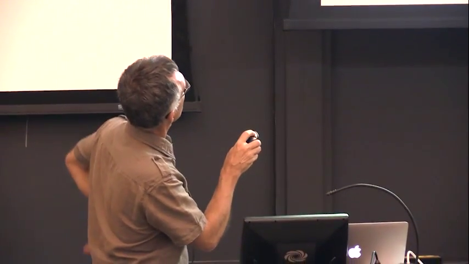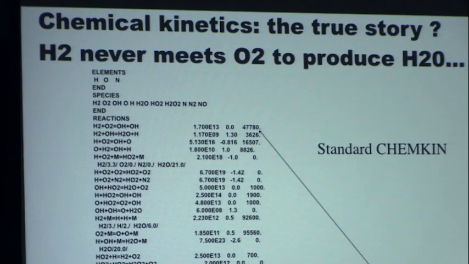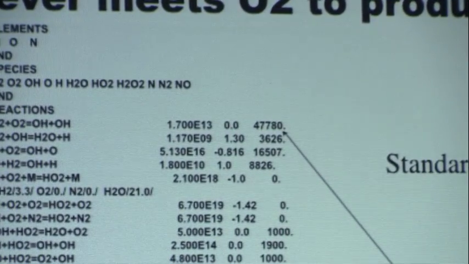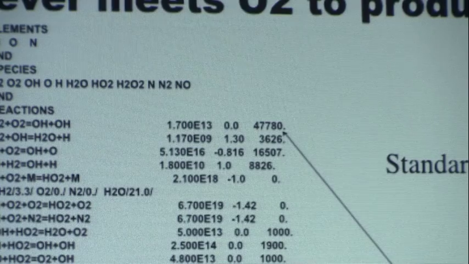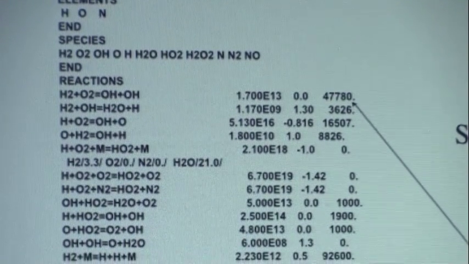If H2 meets O2, like in this reaction, it will create OH plus OH, and this is what kinetics experts tell us. And I'm not into this business. The kinetics experts are the guys telling you, okay, this is what you need to have in your kinetics description. And they always tell you one reaction is not going to do it. They tell you you need, for example, here like 19 reactions to describe H2 plus O2.